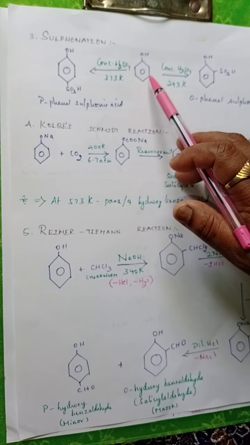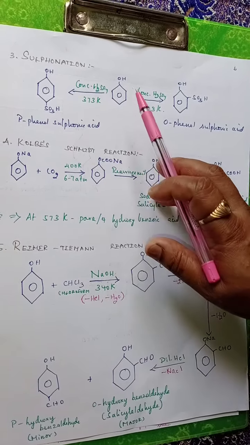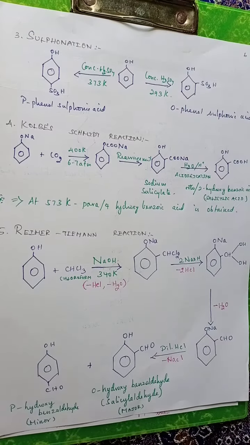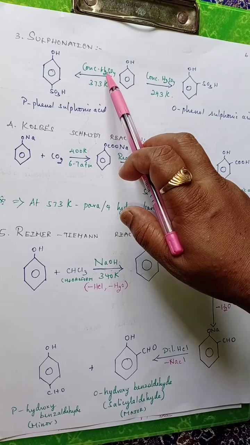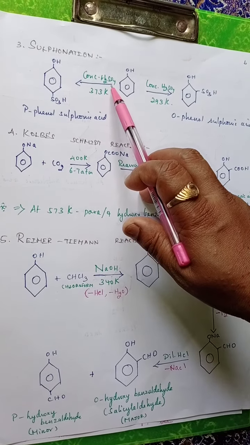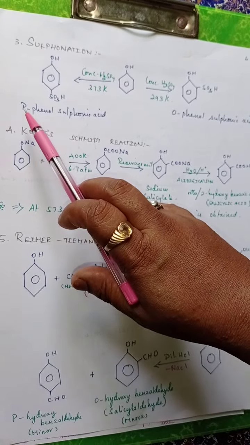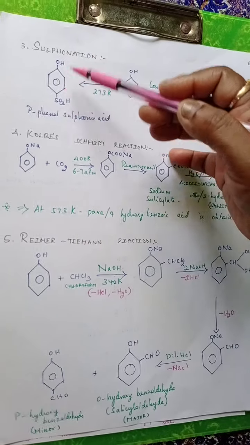So phenol, when it reacts with concentrated sulfuric acid at 373 Kelvin, as we have seen previously, leads to para-phenol sulfonic acid, which means 1,4.